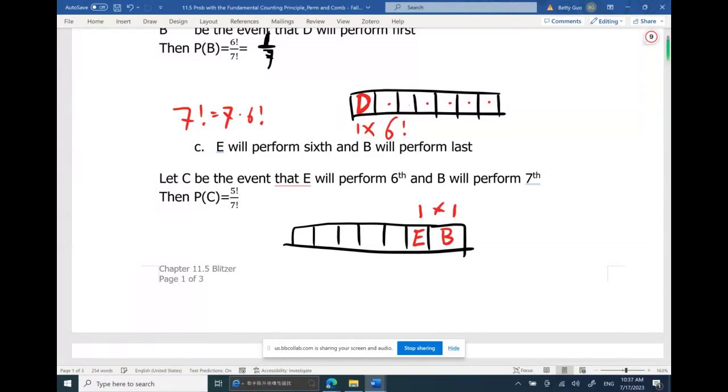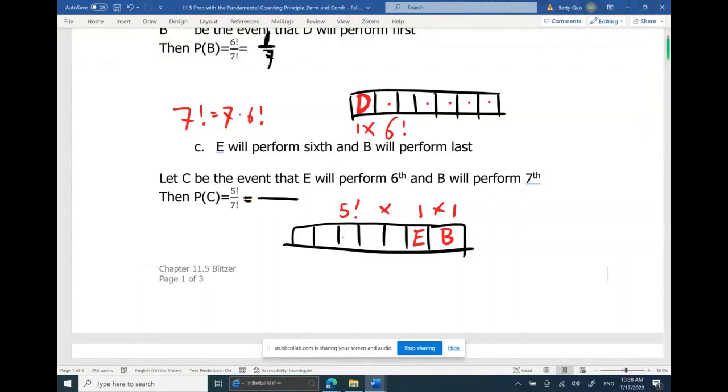The third step, we still have 5 slots and 5 performers, and that gives us 5 factorial. By the fundamental counting principle, you just multiply them all together. So we have 5 factorial different ways to make event C happen. In other words, among the 7 factorial possible outcomes, that many outcomes favor event C occurring. That's the reason the numerator is 5 factorial. Okay?